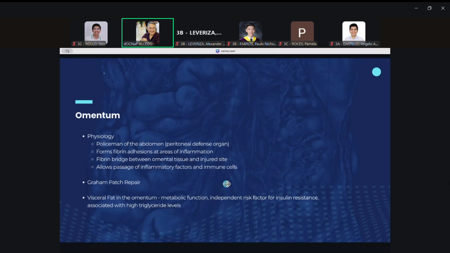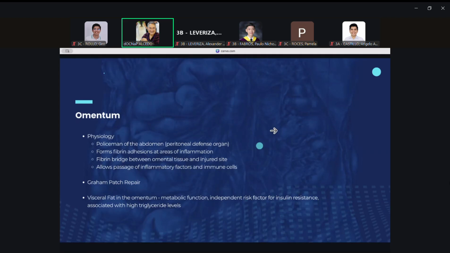Okay. Now, sometimes it can even close a perforation, like a perforated peptic ulcer. No? Sometimes, when we operate and open, the hole is gone because there's already fibrin, and the omentum performed its function. So aside from the leakage of gastric juice, which initially happened, there is no more leakage moving forward.